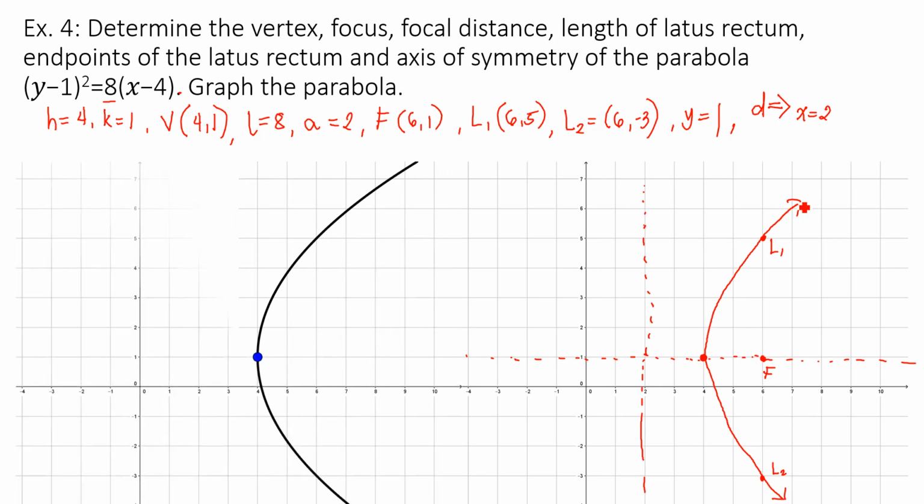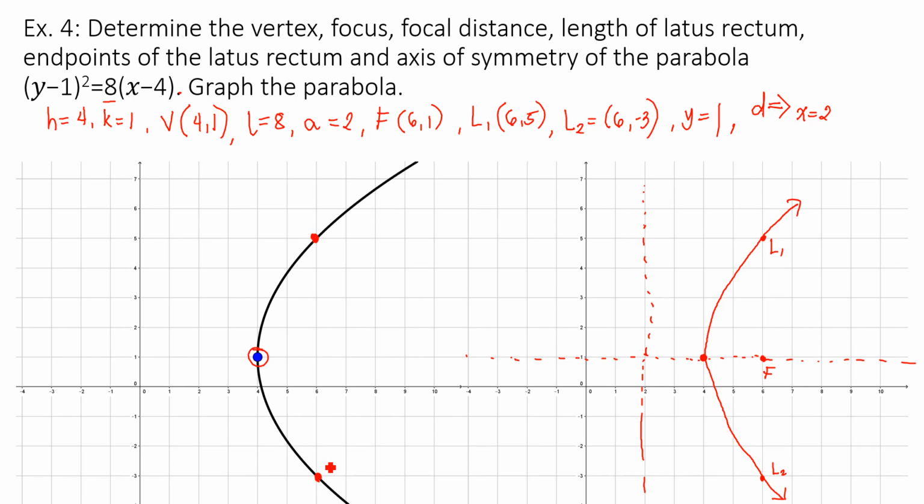Here clearly the vertex is this point, so we have (4, 1), that's correct. And it should pass the point (6, 5), correct. And (6, negative 3), correct. So we have the answer for number 4.